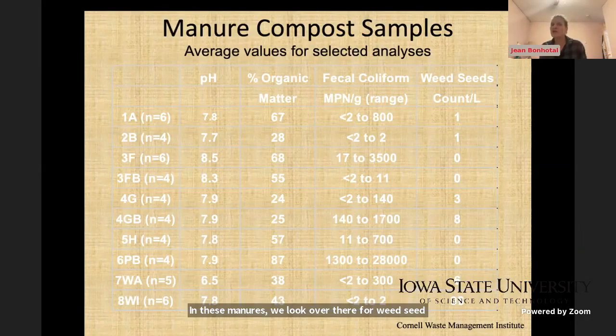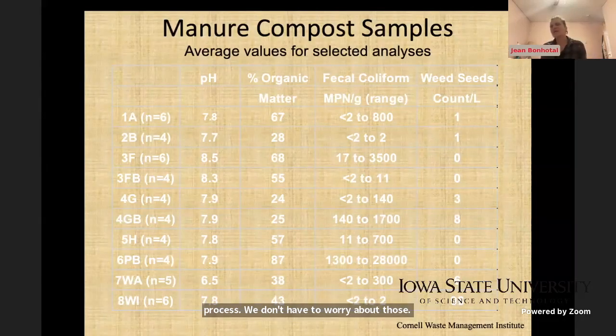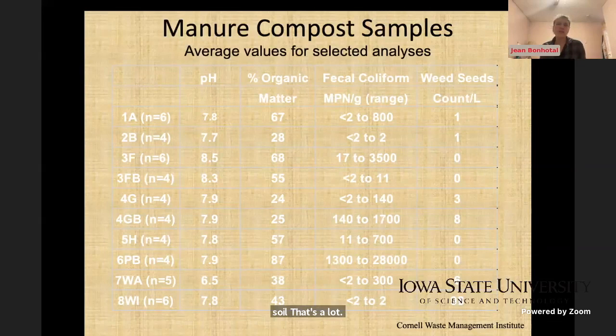And because we have killed most of the weed seeds in the process, we don't have to worry about those. The one on the bottom says 98 weed seeds per liter of soil. That's a lot. And that particular pile had weeds growing on it that were taller than I was.